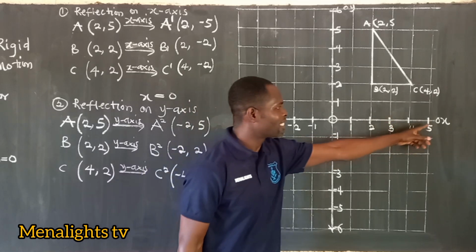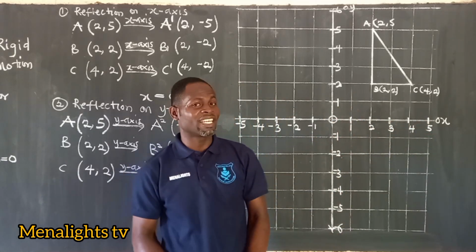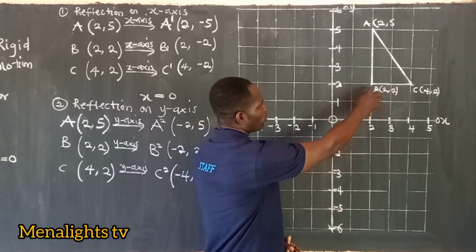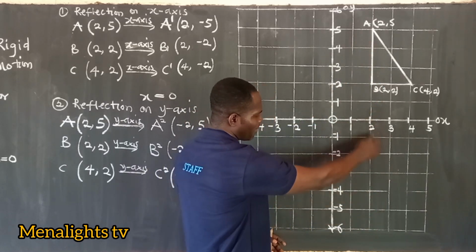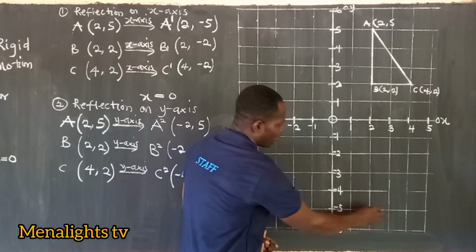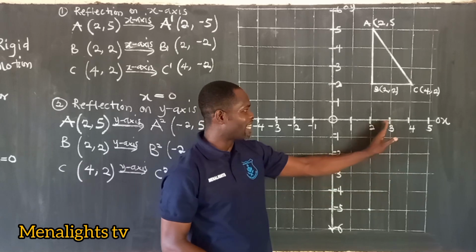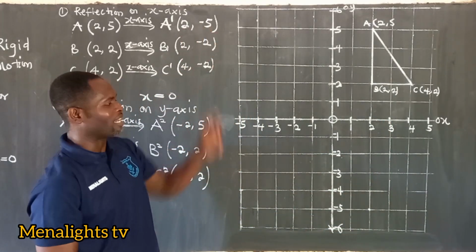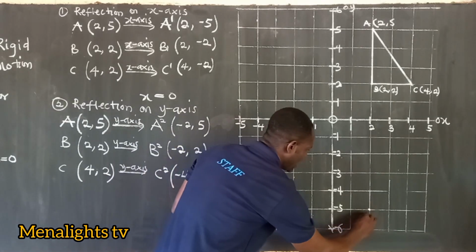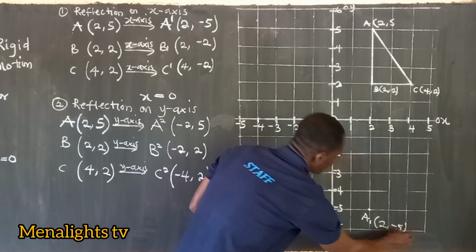So here when you look at it, the x coordinates are positive and the y coordinates are negative. So when we have 2, 5, and you are reflecting it here, the y is negative and then the x is positive. The same as we have here, 2, negative 5. So this is my A1, 2, negative 5.